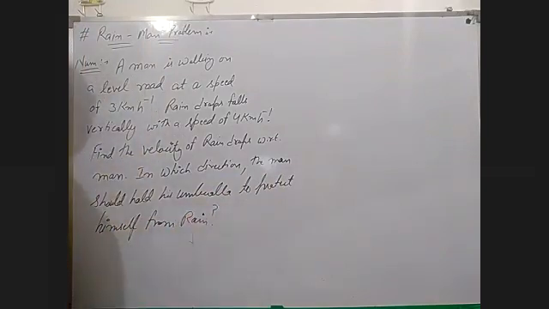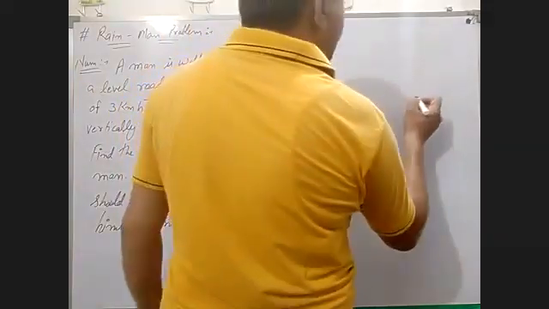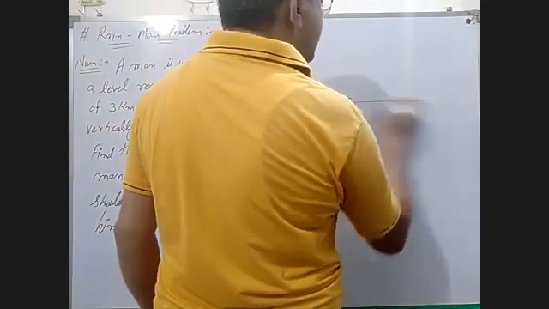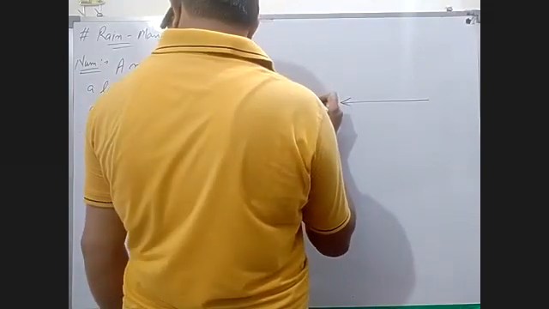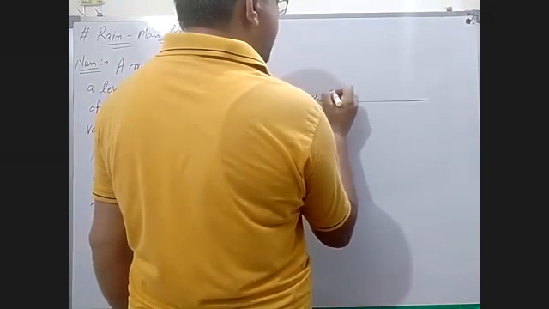Now, this is the numerical which you have to solve. There are two things. Relative velocity, we can take here the word relative velocity. Now, what is the situation? A man is moving. Suppose a man is moving in this direction, horizontally, on the road, with 3 km per hour.